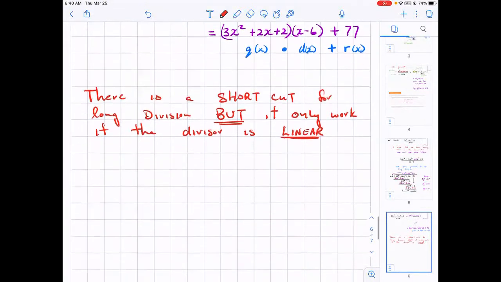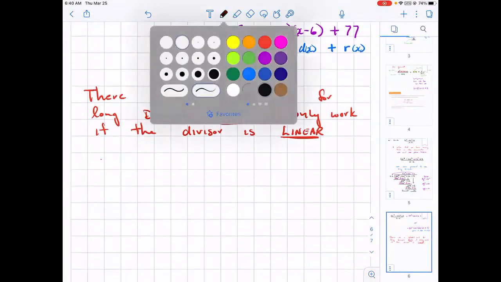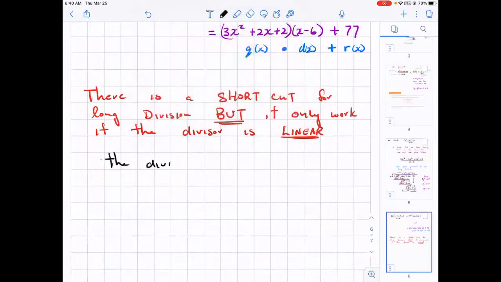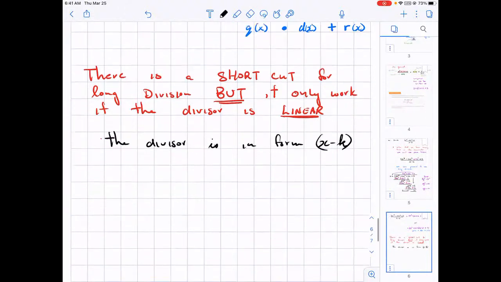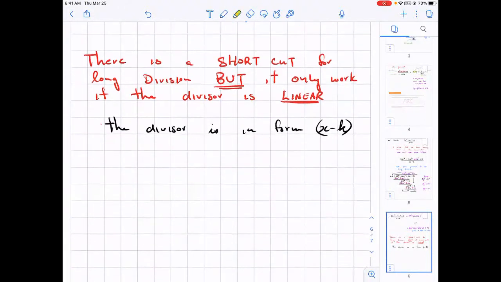That means the divisor is in the form x minus, let's say, k. The shortcut we're referring to is called synthetic division. This is the shortcut.